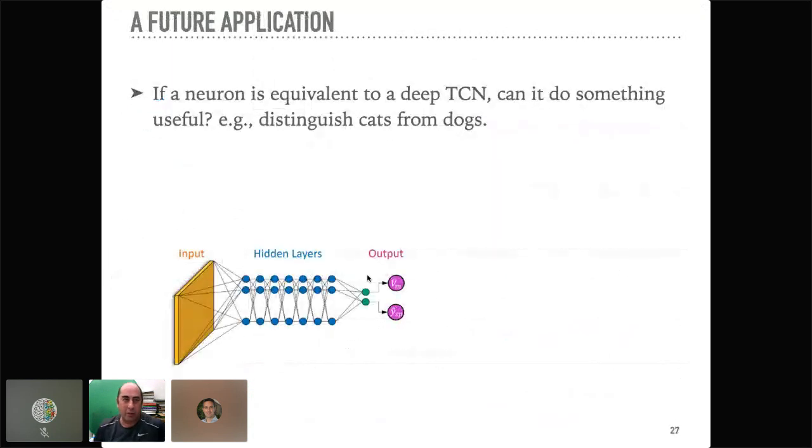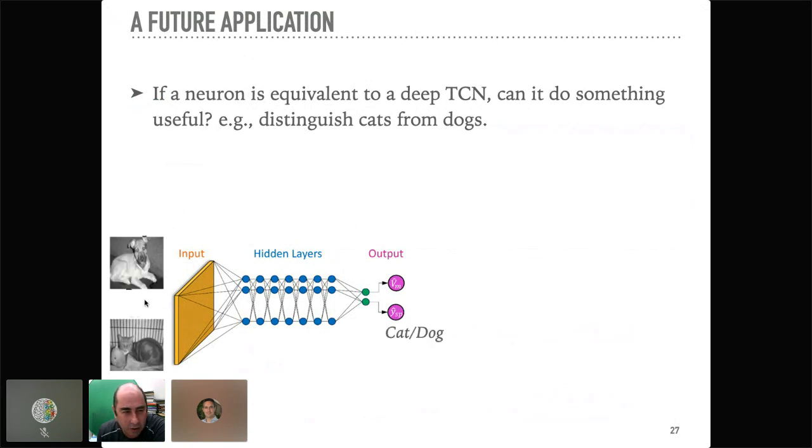Lastly, I want to show you one thing that we are playing with now, which is very interesting. The idea is that if a neuron is equivalent to a deep temporal convolutional network, we know that these networks are pretty powerful. So, can we use that to see if a neuron can do something useful, for example distinguish pictures of cats and dogs?